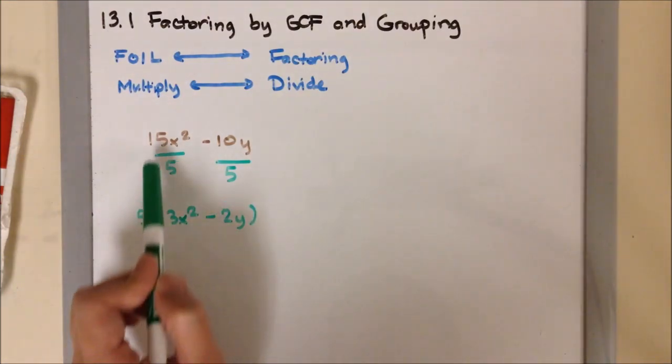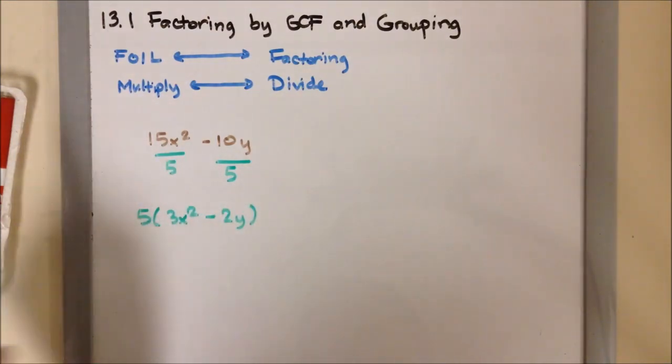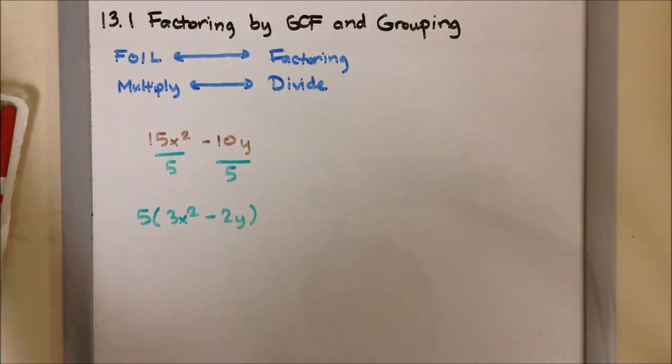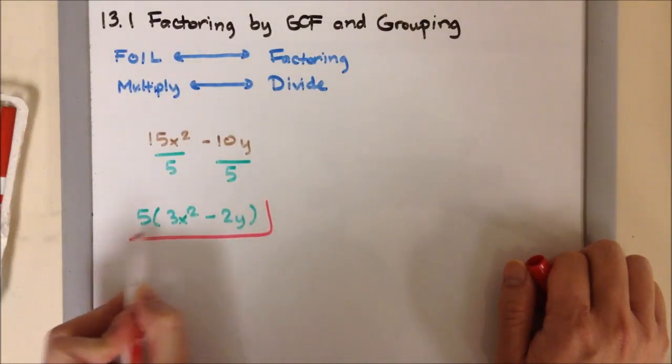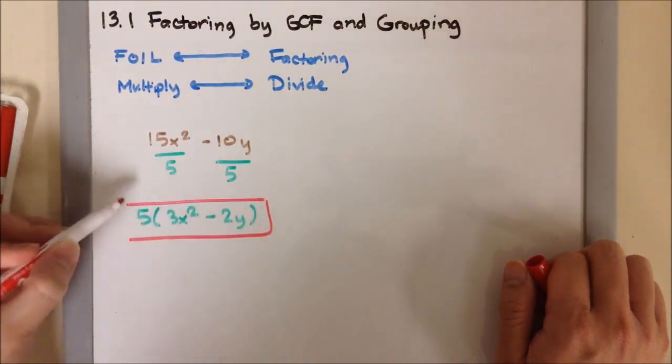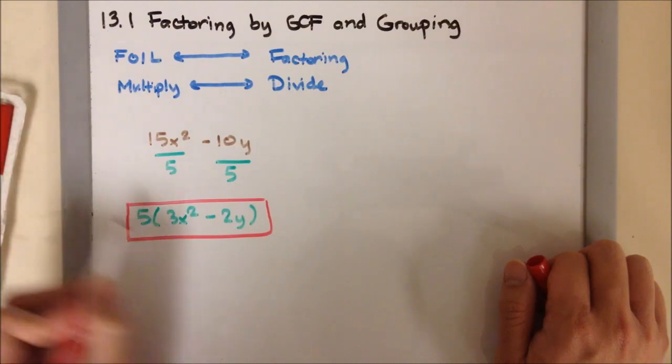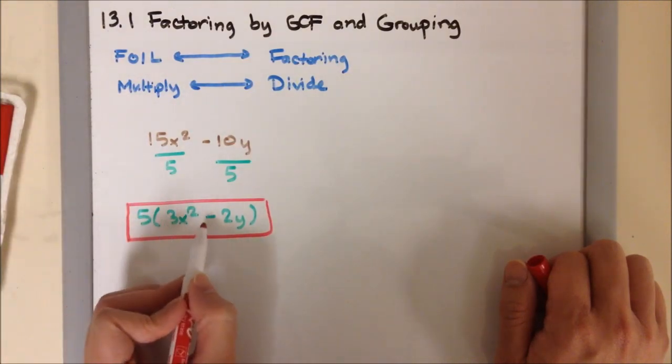It will go outside. It does not disappear, it just simply goes outside. And then this is factored completely in its simplest form. So 5, which is my GCF, times 3x squared minus 2y.